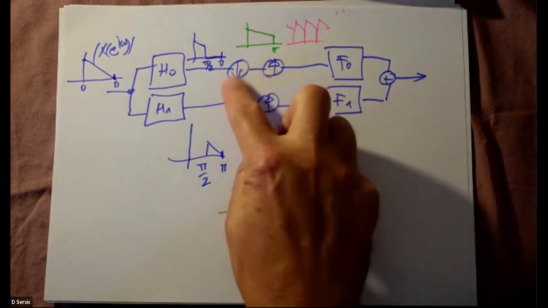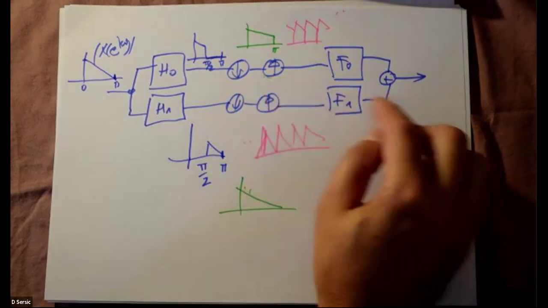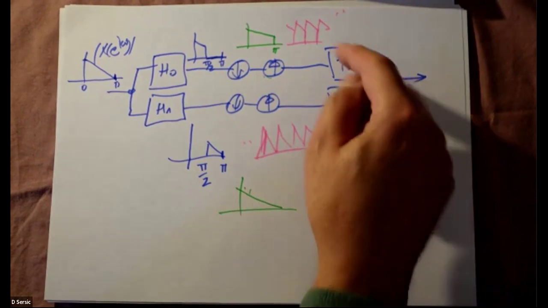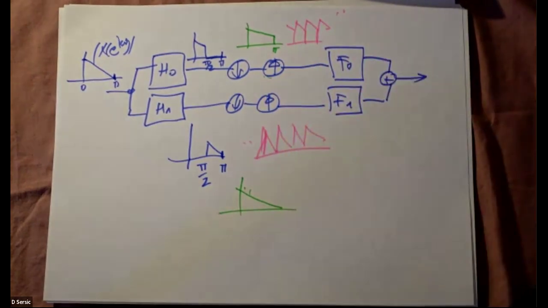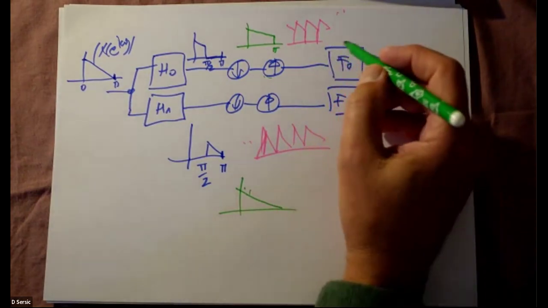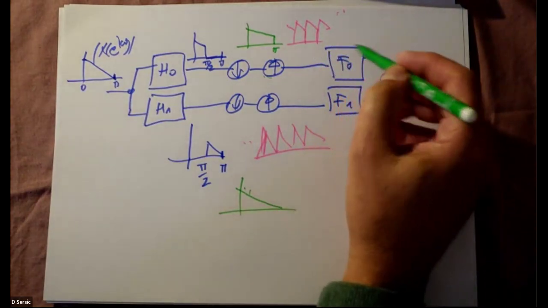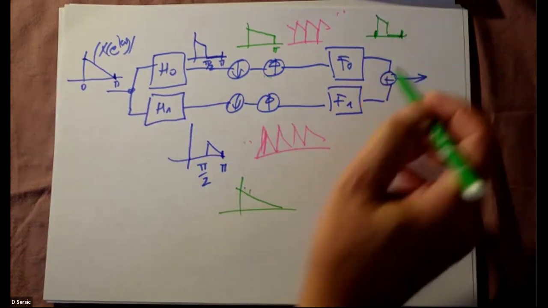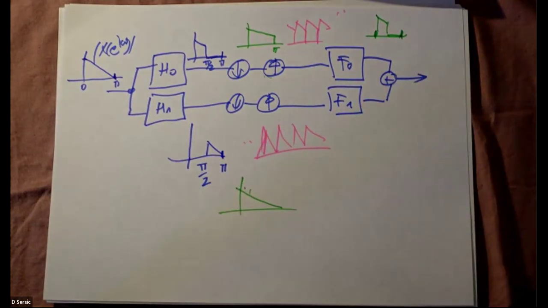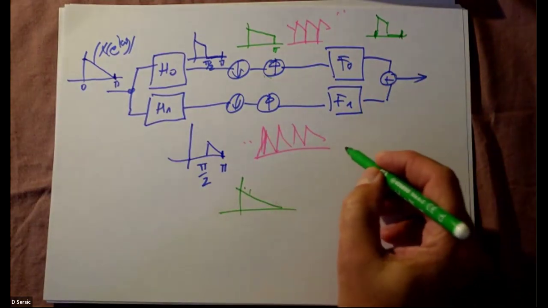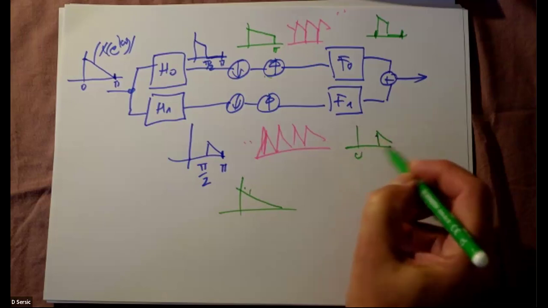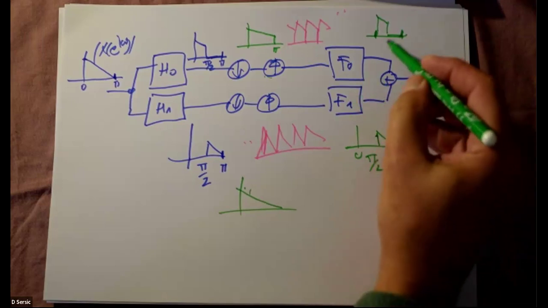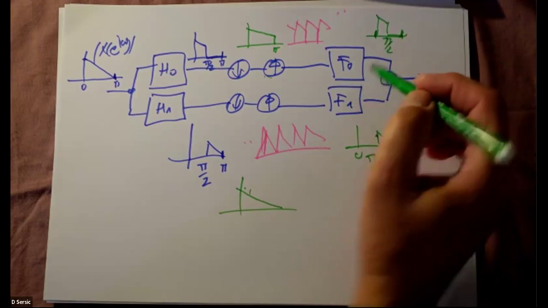Without these, it seemed somewhat redundant, but right now we understand why we need them. We need them to cut out the proper parts. This guy will cut the low pass part, and this guy will cut the high pass part, if they are ideal half band filters.